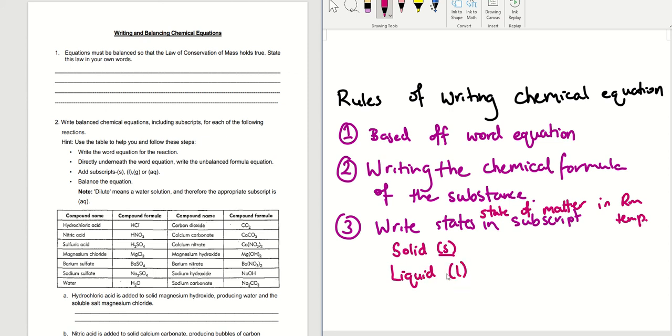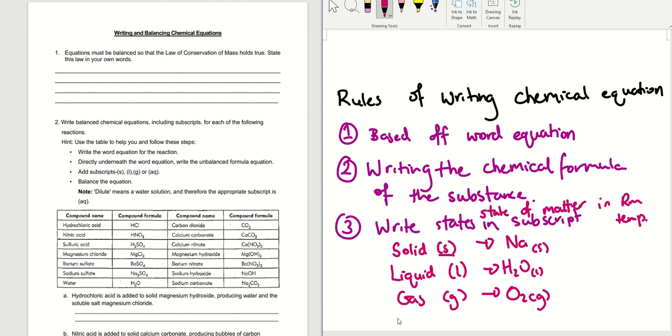Generally speaking, we don't really write anything as a liquid unless it's a pure liquid substance. Like if we say H2O water, we write it like so. If it's solid, we write sodium as a solid. We have a gas, that's lowercase g. So it could be oxygen, that's a gas.